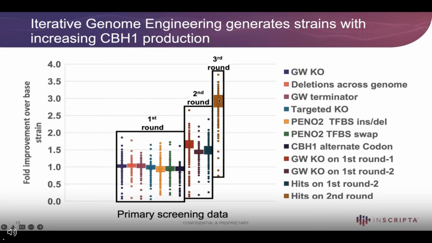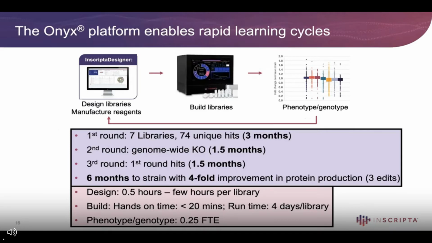And already he's starting from a high baseline of about 3-fold improvement on the top hits, and then further does a hits library on top of that, where he's iterating and only taking the best winners from the first library, stacking on top of that, and identifying those that now give greater than 3.5-fold improvement of expression after just iteratively running 3 rounds on the instrument, looking for variants. And what's fascinating about that is that then you can start pulling out the biology of those individual variants.